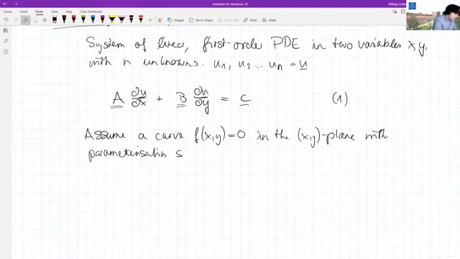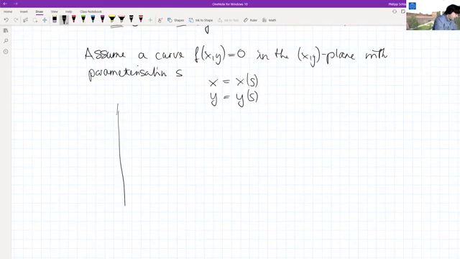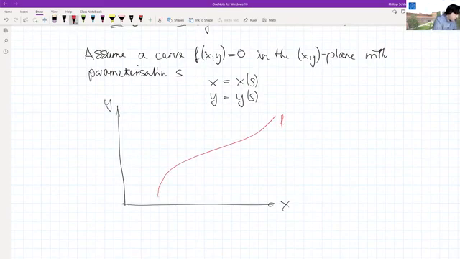So that simply means I have x for this curve, x is x of s, and y being y of s. So if I just make a sketch of this, I have x, I have y, and I have a curve in here. This is my curve f, and I have a parameterization along the curve s. As simple as that.